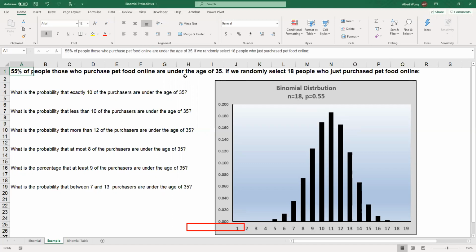We assume in this case that the random variable is binomial. How do we know that? Well, we need to check the 4 conditions. If you select 18 people, there are 18 identical trials. The selection is independent because you're selecting 18 people from a very large population.